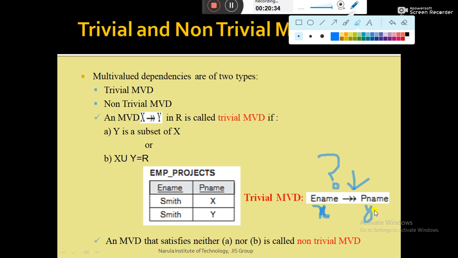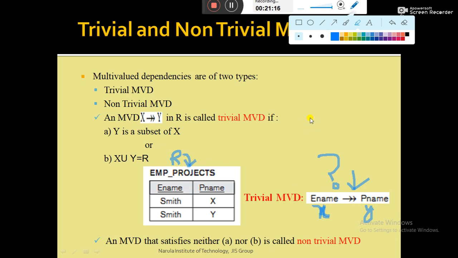So Y is not a subset of X, and condition A doesn't hold here. Second, if you combine attributes X and Y, is X union Y equal to the relation R or not? Let's check condition B. If you union ename and pname, is this equal to R? Yes, ename union pname is equal to R, because the relation R here is the project relation.